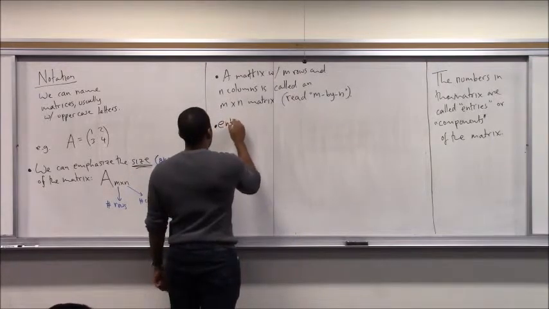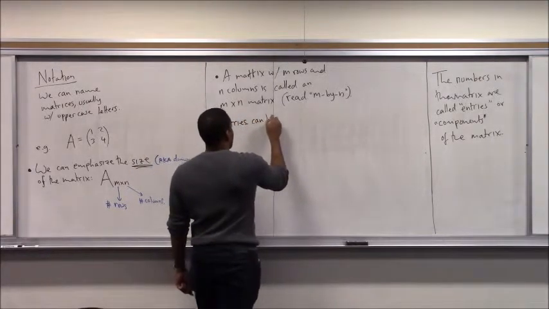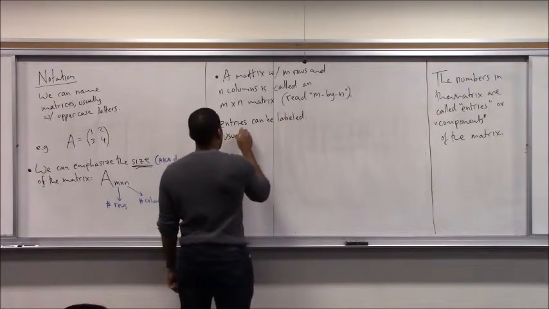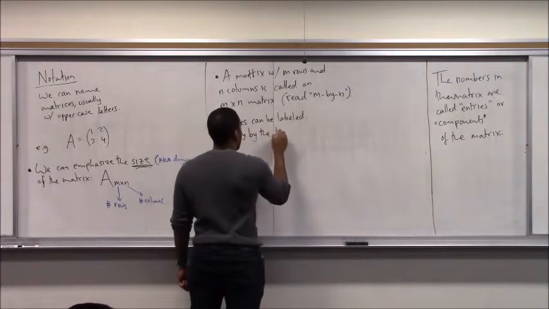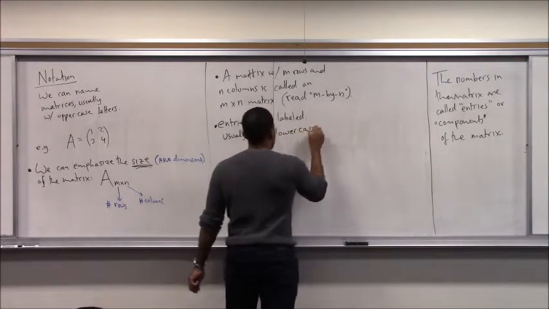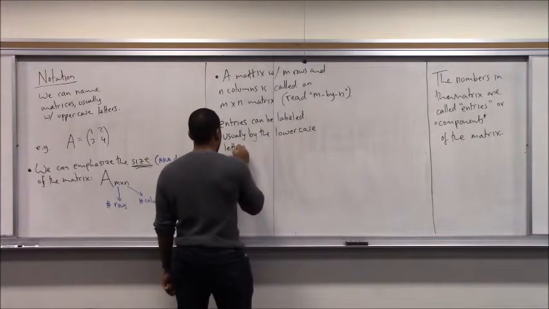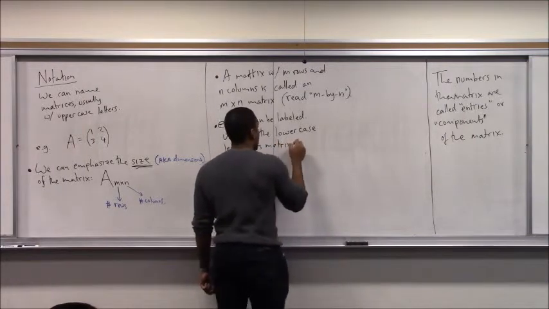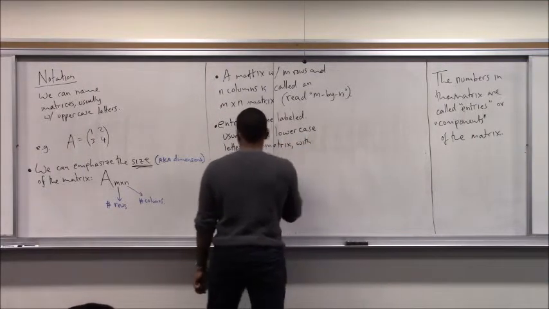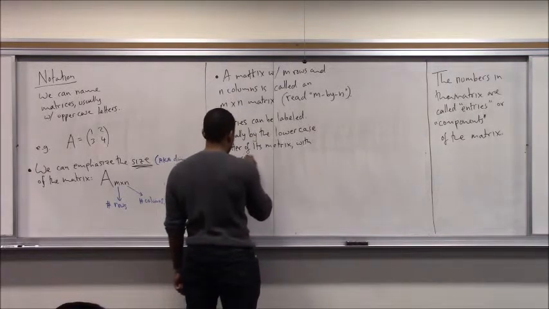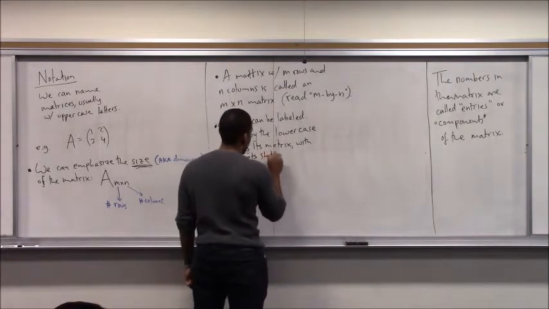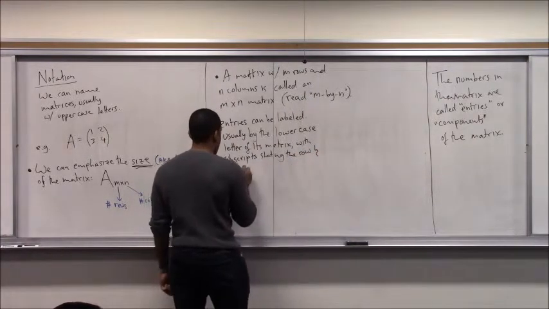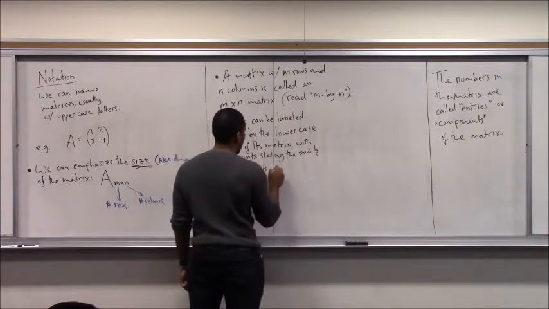Entries can also be labeled, usually by the lowercase letter of its matrix, with subscripts stating the row and column of its position.